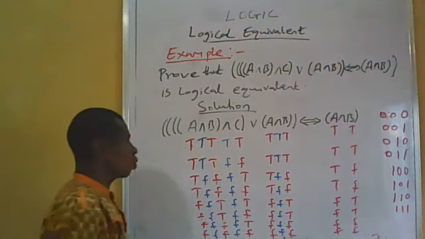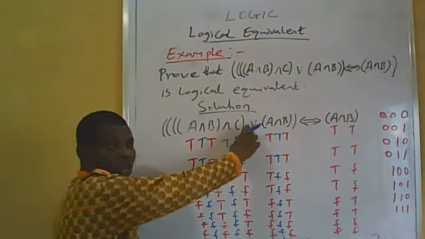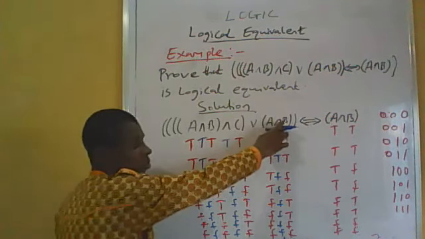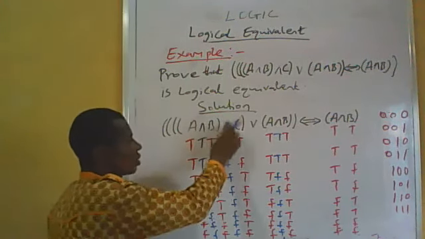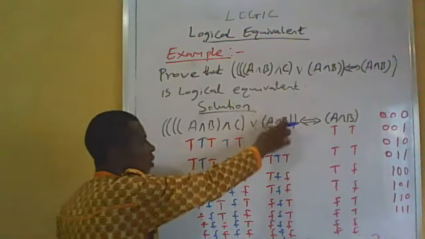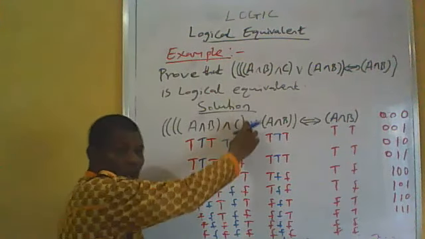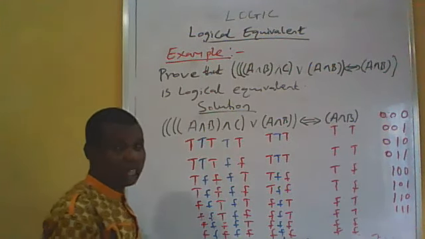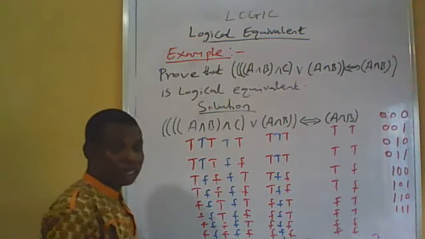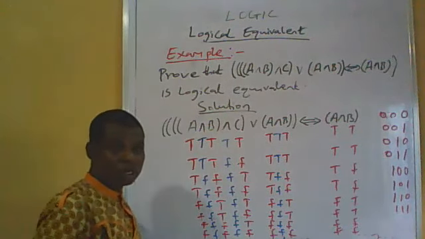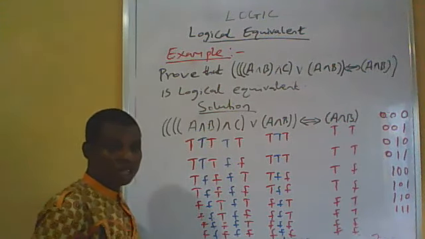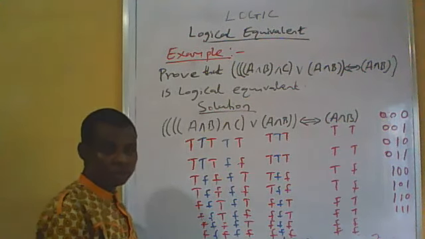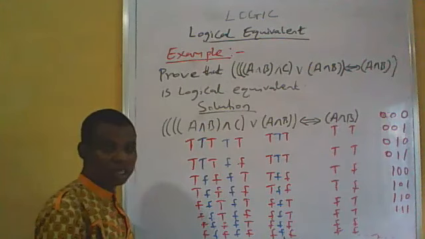Now I'm going to evaluate this one because this is the disjunctive connective combining this statement and this statement. That means A and B and C, or A and B, the two statements that are being combined by this or connective. We can only ascertain a disjunctive statement to be false if the two disjuncts are false.